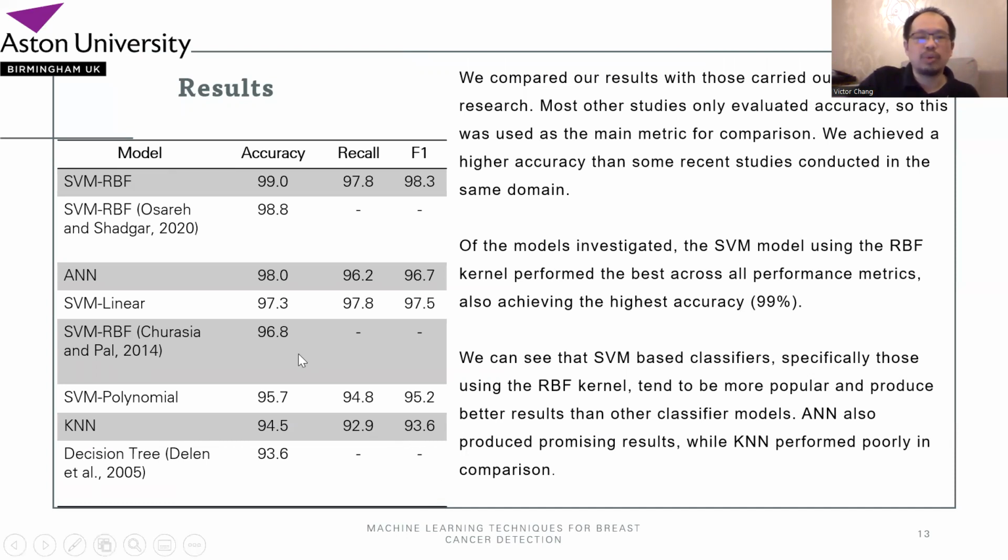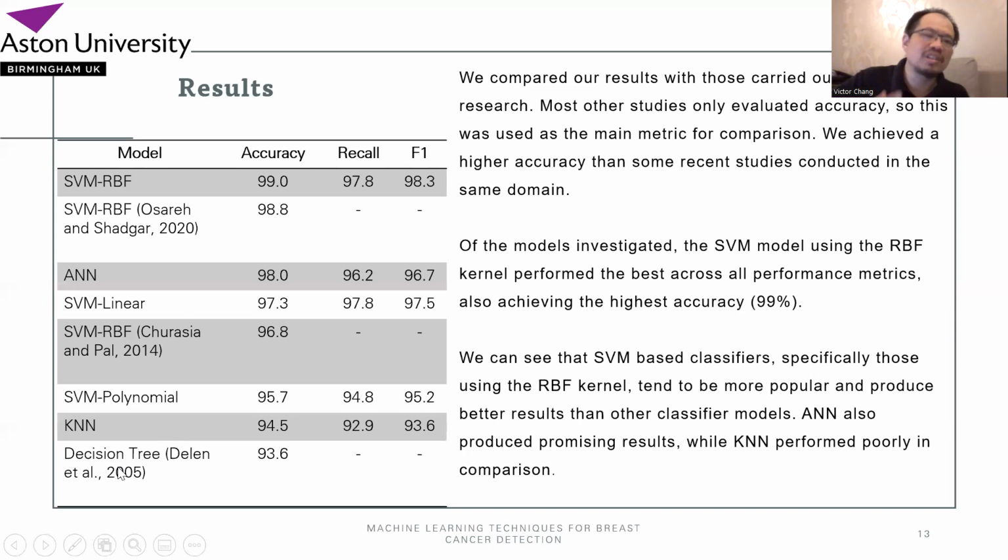What we've done is use different models, such as the SVM RBF used by other researchers, an artificial neural network, SVM linear, and SVM RBF by another group of researchers, and SVM polynomial, KNN, and decision tree.